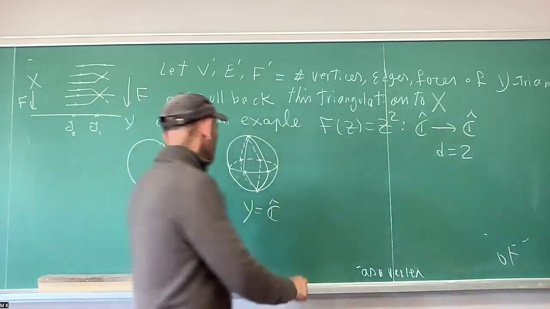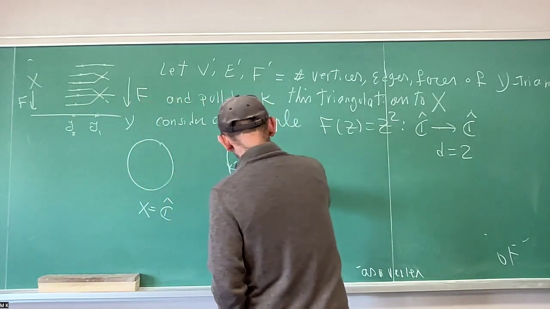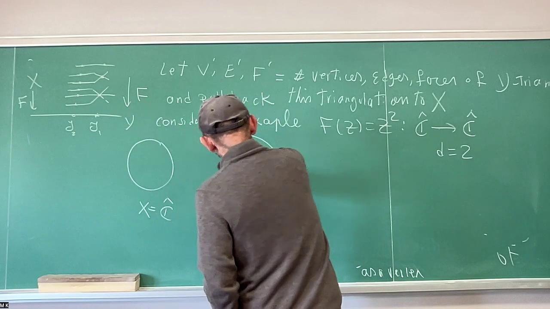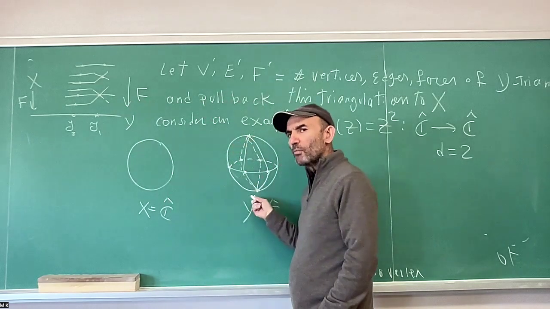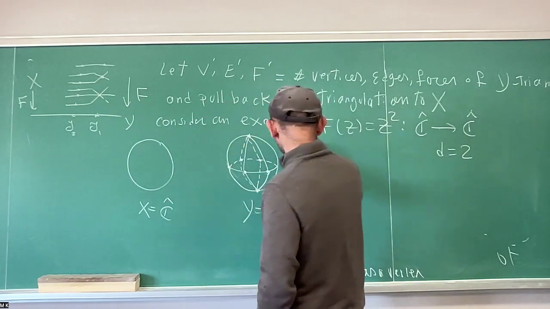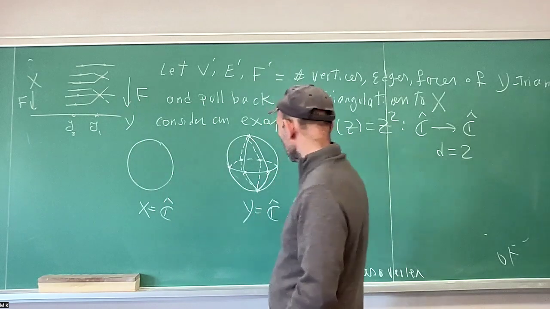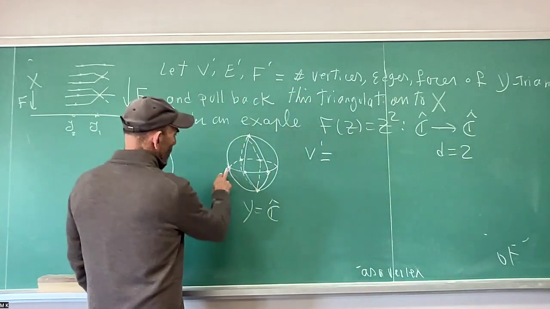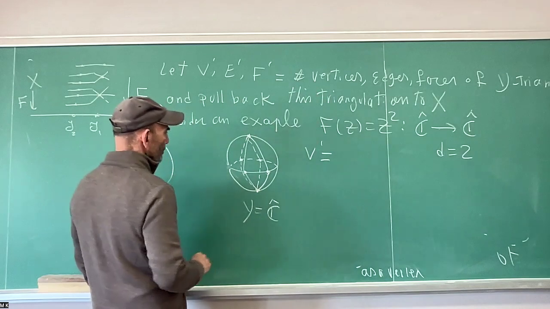Okay, so now let's look at how many vertices we have here. So V prime. How many vertices have I got?